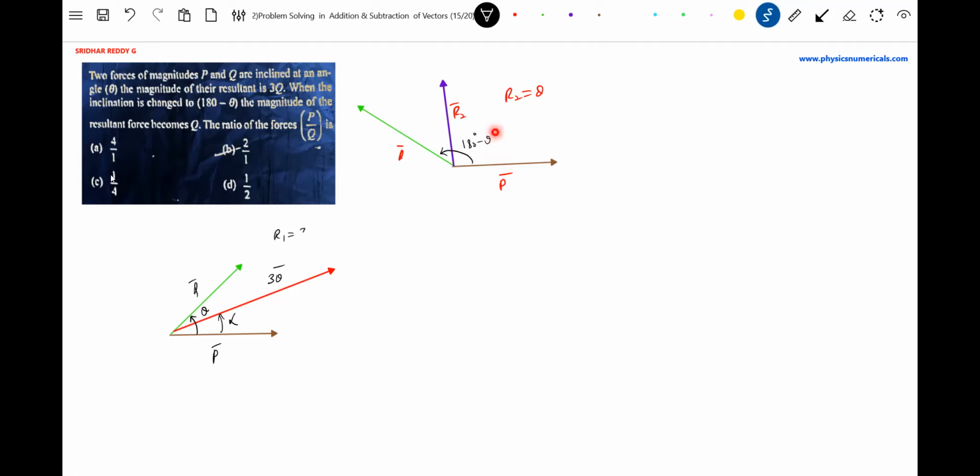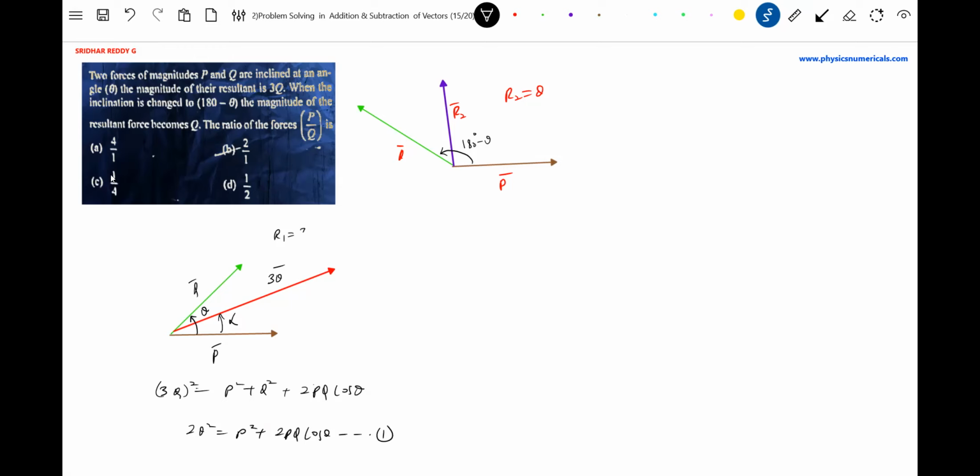180 degrees minus theta. So let's write the equation: 3Q whole square equals P square plus Q square plus 2PQ cos theta. So this will become 8Q square equal to P square plus 2PQ cos theta, equation 1.